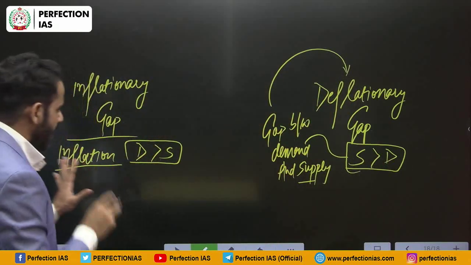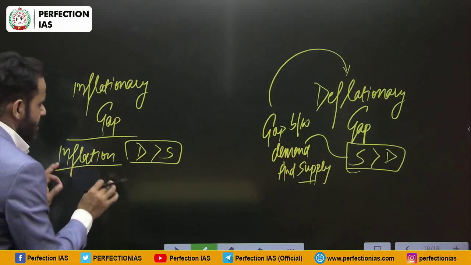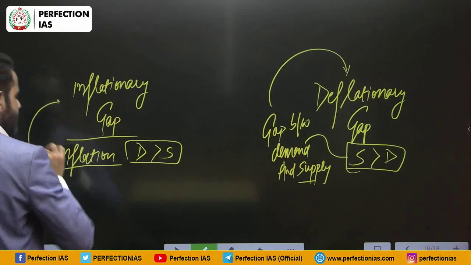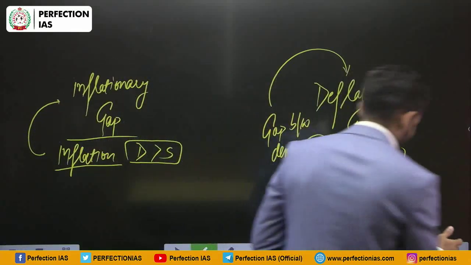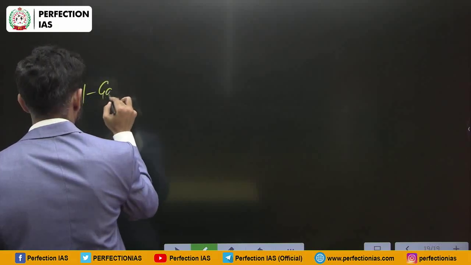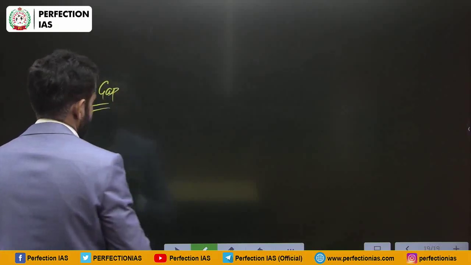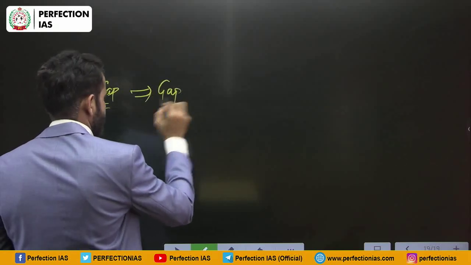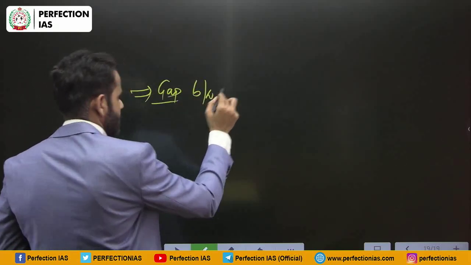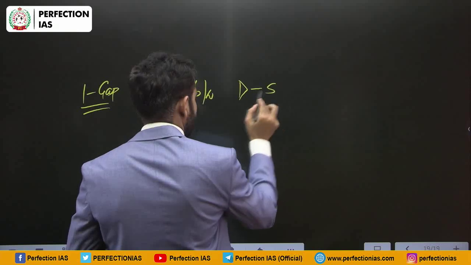In this scenario, demand is higher than supply, so this will lead to the inflationary gap. We have covered the inflationary gap, which means the gap between demand and supply.